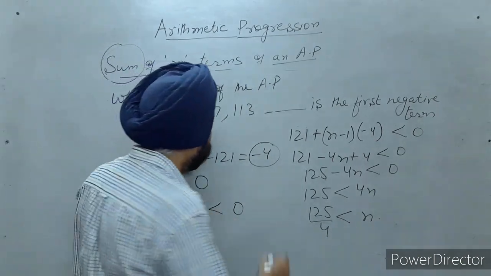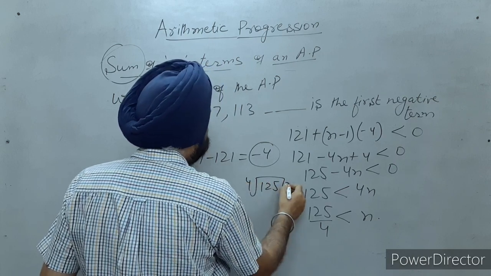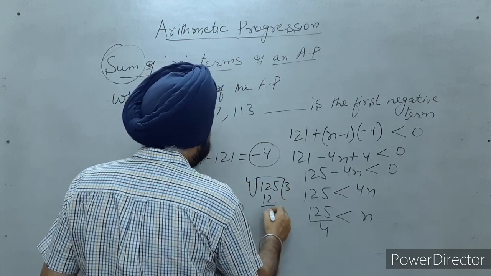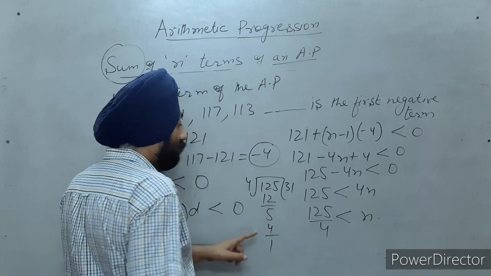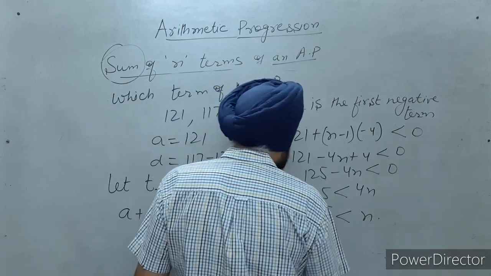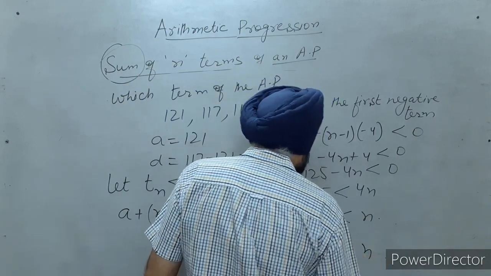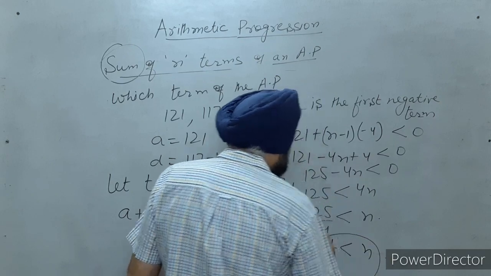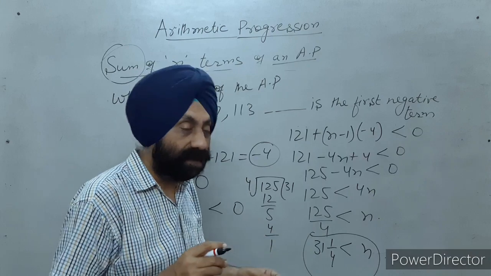Now when you divide 125 by 4, it is 4 3 12, 5 4 1 4, I get the remainder as 1. I will write this as 31 1 by 4, which means my term n is greater than 31 1 by 4.